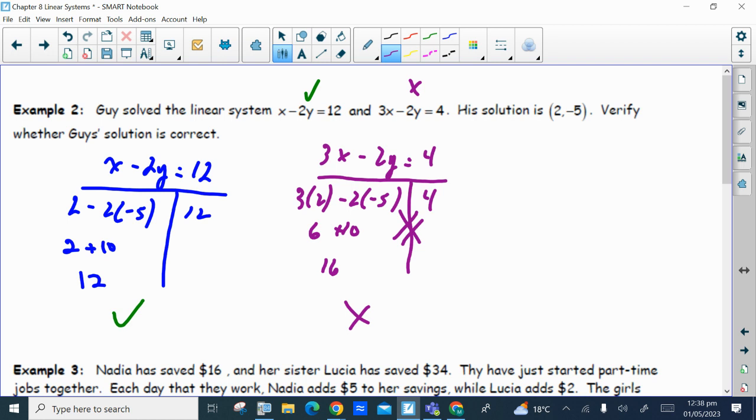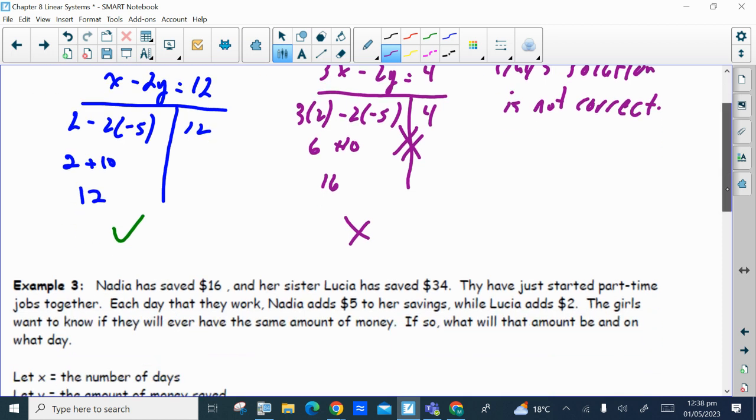Determine whether or not Guy's solution is correct. So obviously he made a mistake somewhere when he solved that system of equations. Because the point (2, -5) does not satisfy that second equation.